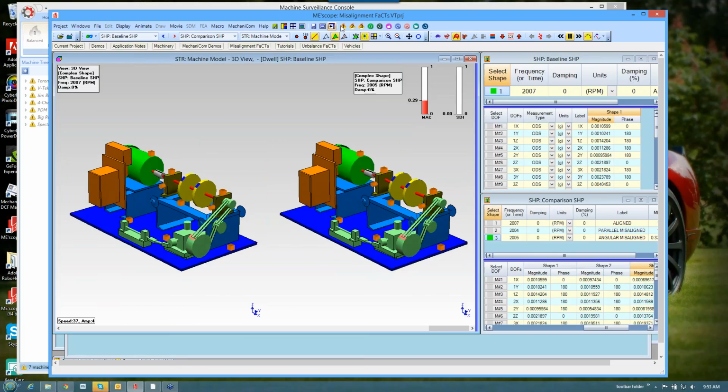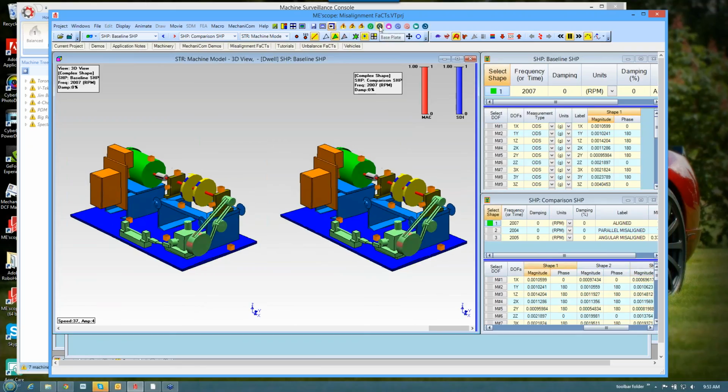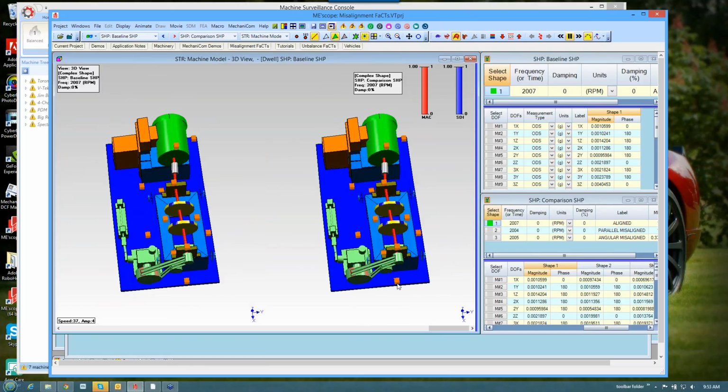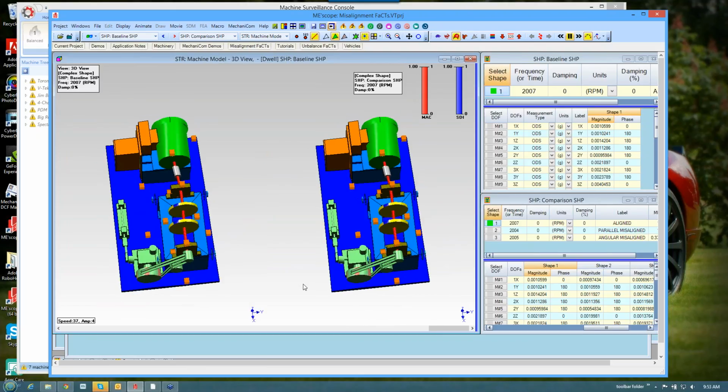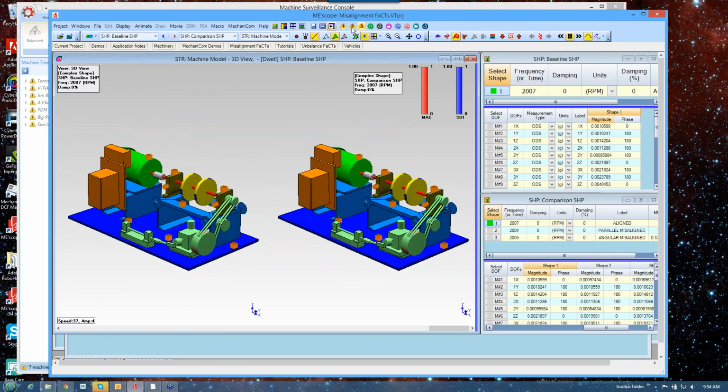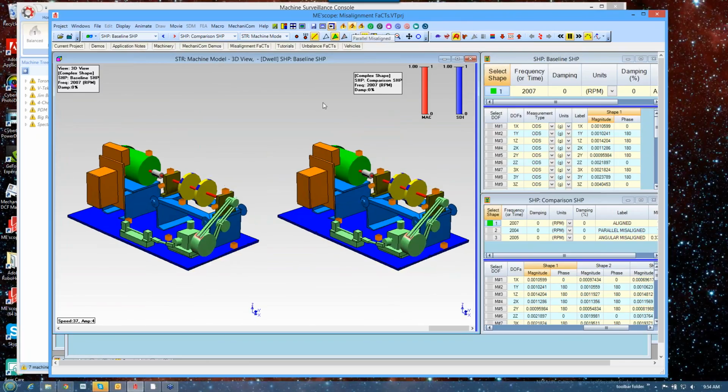Let's put it back to the aligned case, and now let's look at just the accelerometers on the base plate. So you can see that there's actually 4 of them here. There's 4 accelerometers down there on the base plate. All right, let's go to parallel misalignment.